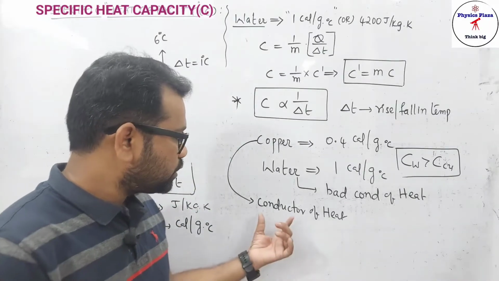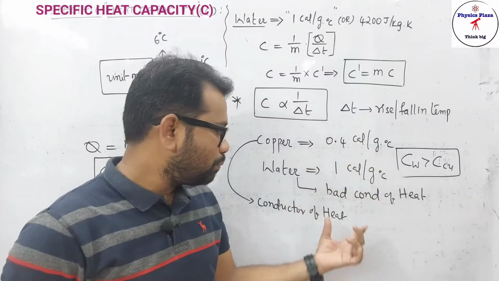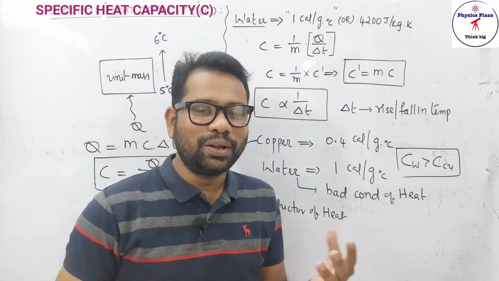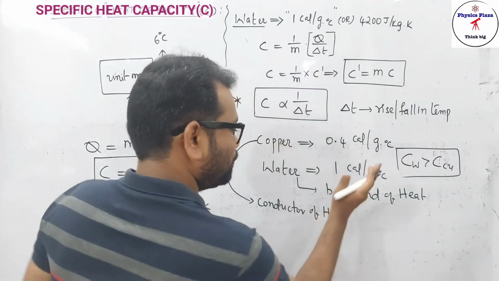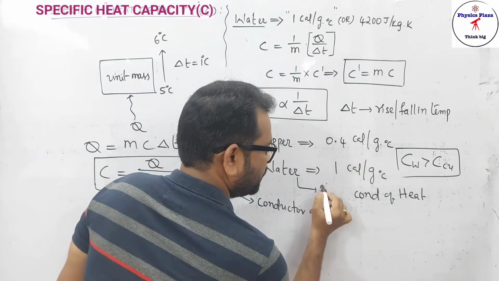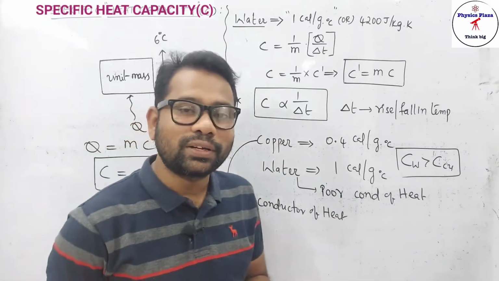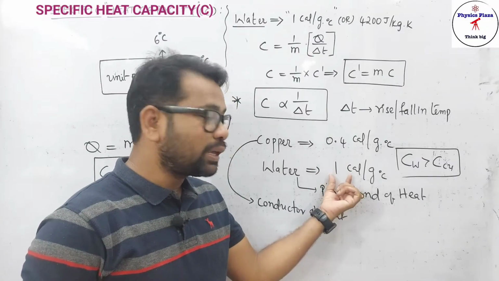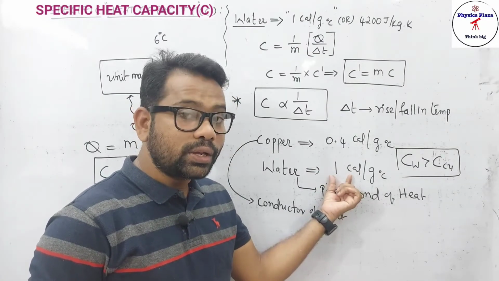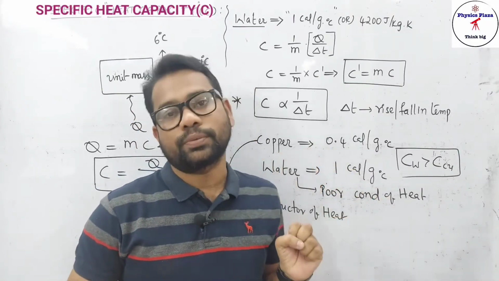For conductors, the specific capacity value is less, whereas for poor conductors, let us not use the word bad. Bad means something else will come to our mind. Let us say poor conductor. Poor, I am not talking in terms of money. For a poor conductor of heat, the material with high specific capacity does not allow the heat to pass through it, rather it absorbs.